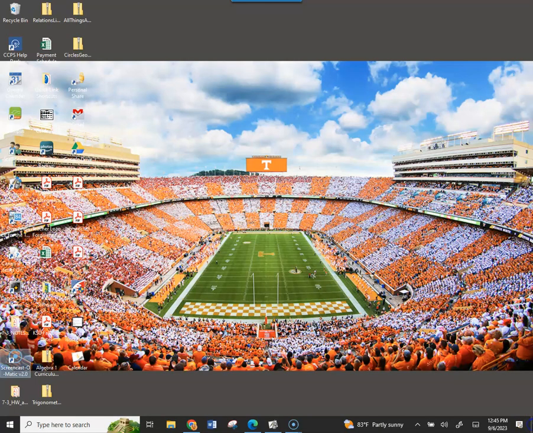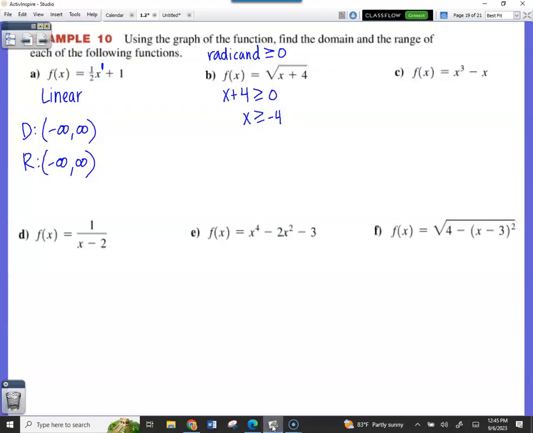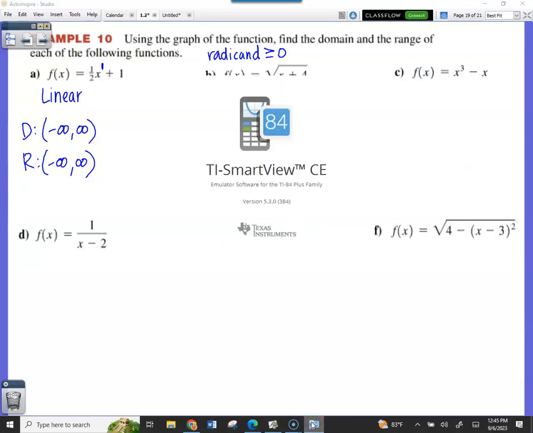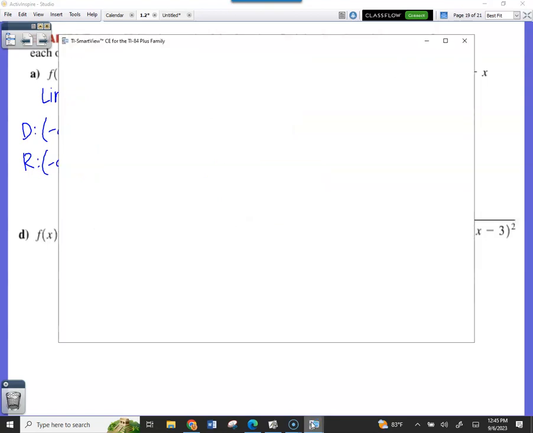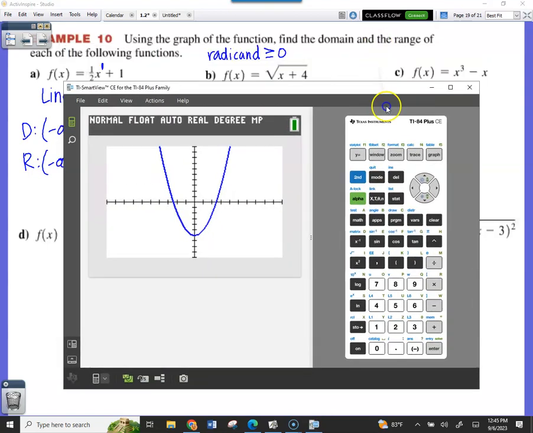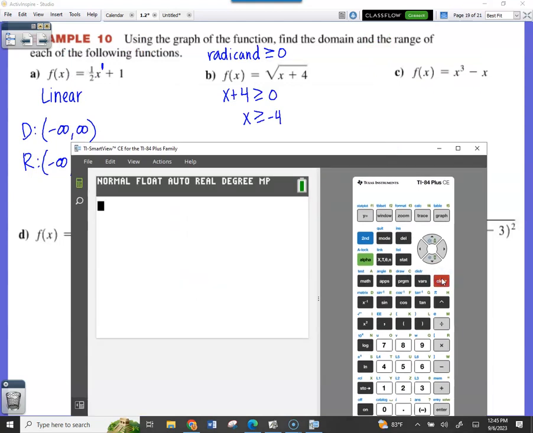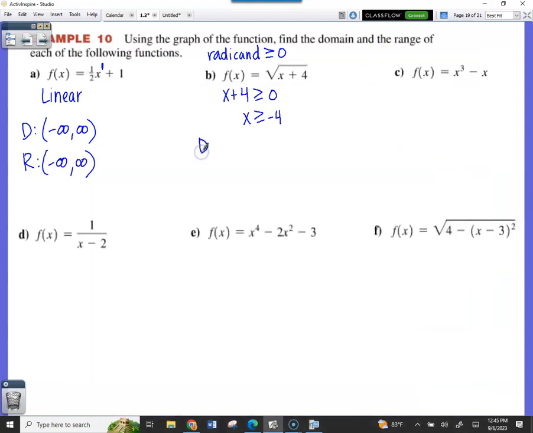Let me pull mine up. So my domain, if I need that number line visual, I can see with plot on -4, closed circle, and it's going in the direction of positive infinity.